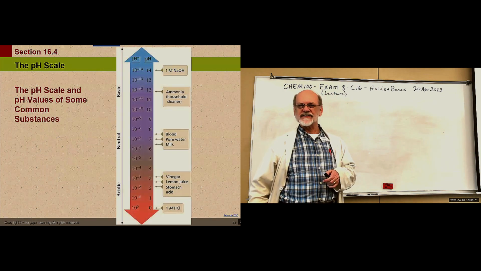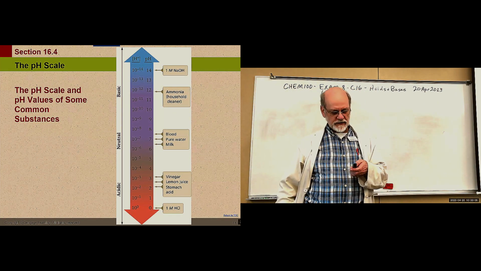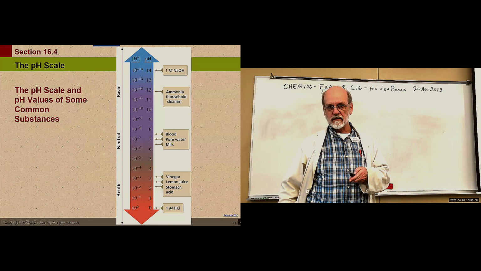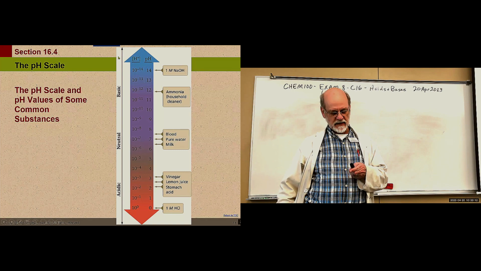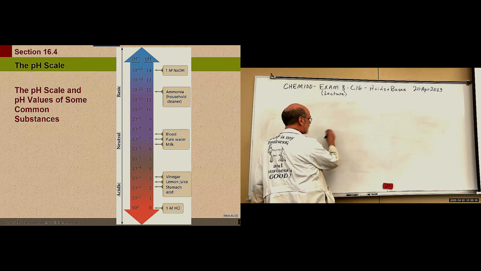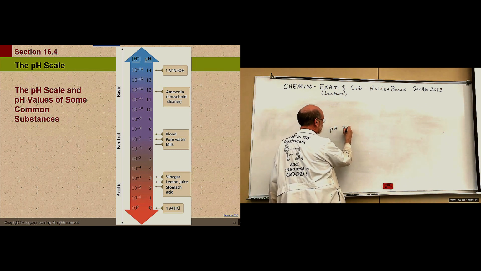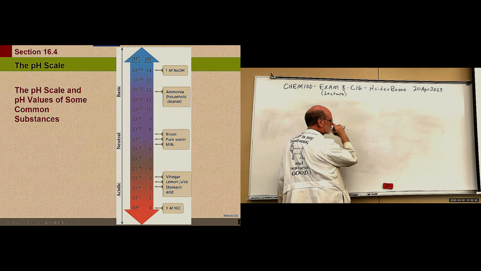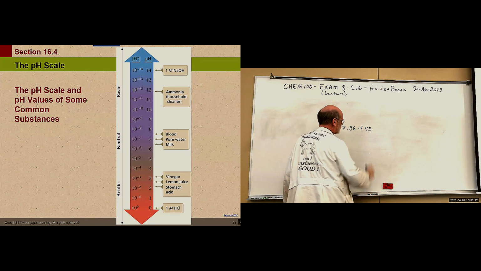All right, here's some examples. pH 7, there you see in the middle is pure water. Blood is slightly basic. If you've had anatomy and physiology, then you probably know that the normal pH range for blood is 7.35 to 7.45.